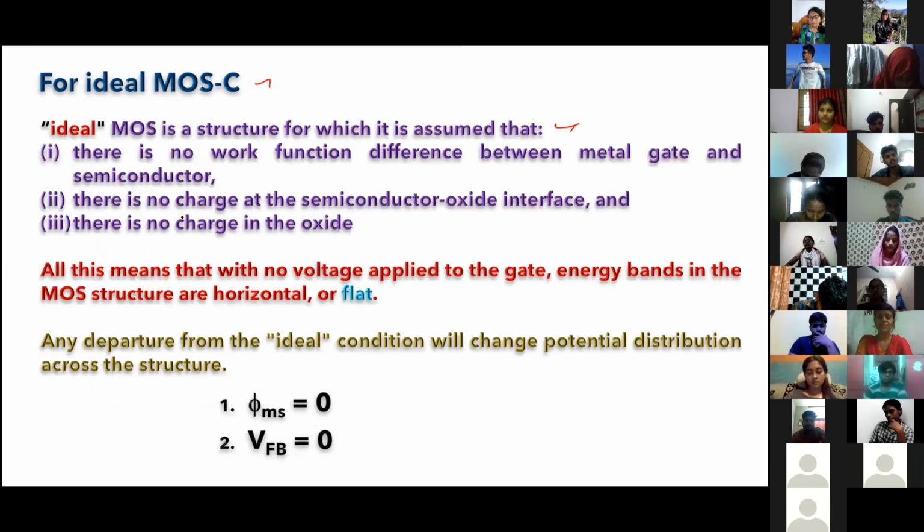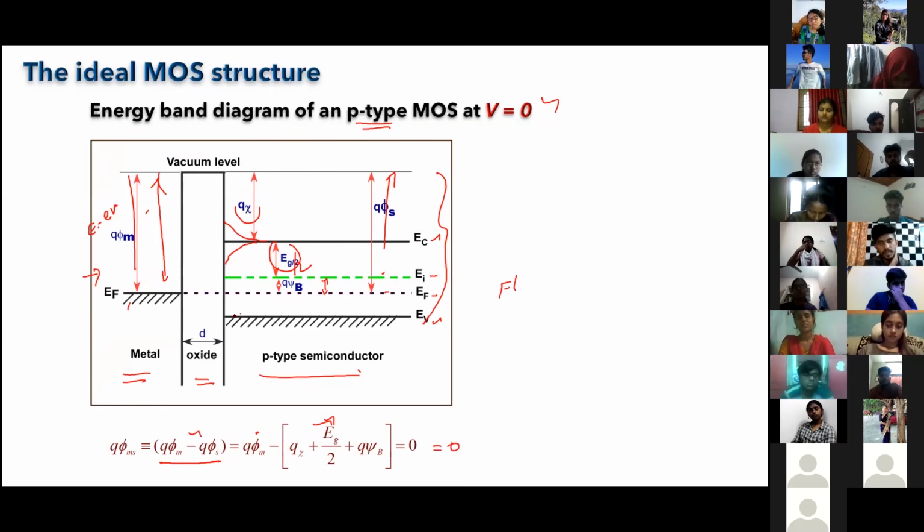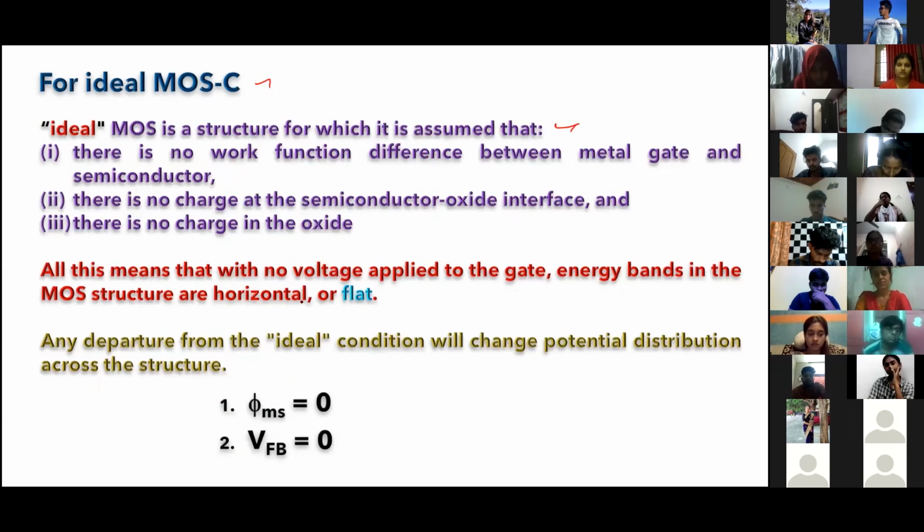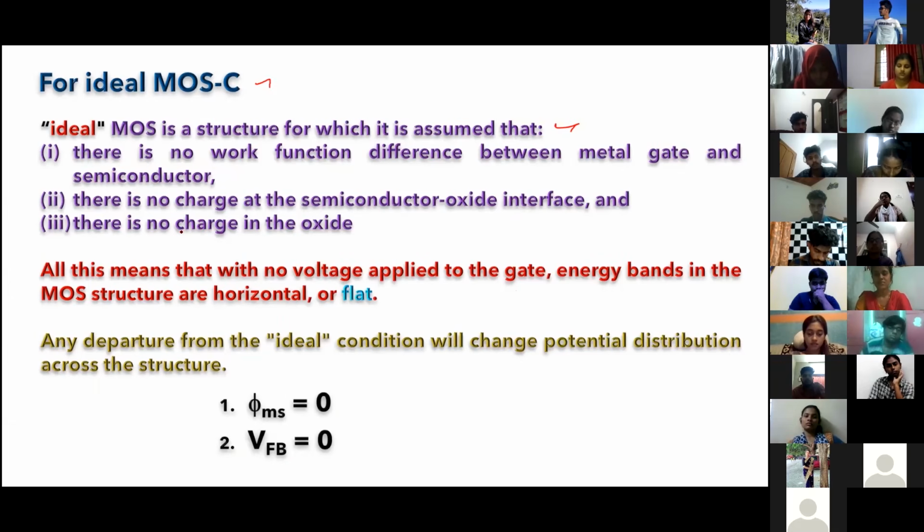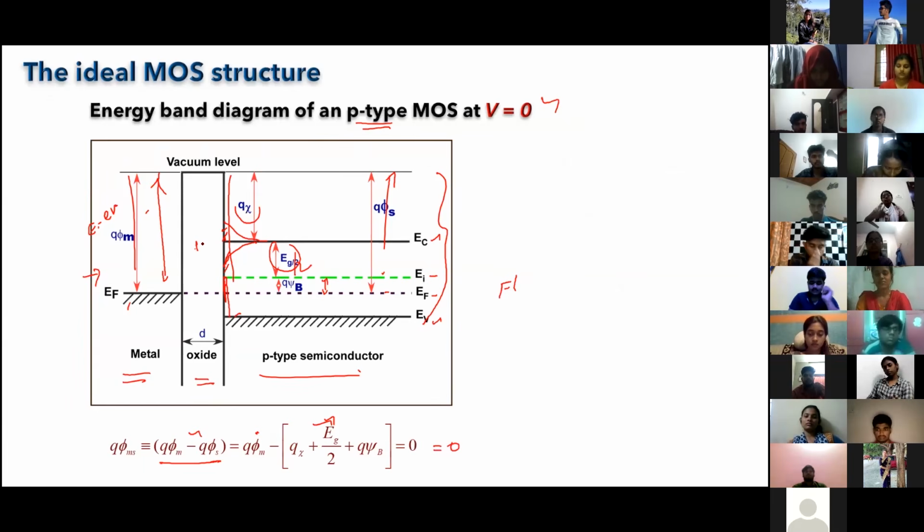And there is no charge at the semiconductor-oxide interface. Which means this is a semiconductor and this is an oxide, and this is an interface throughout. There should not be any charges aggregated or accumulated in the interface, okay? And also, there should not be any charge in the oxide. This is an oxide, you should not have separated charges here and there. That is not supposed to be there, okay?